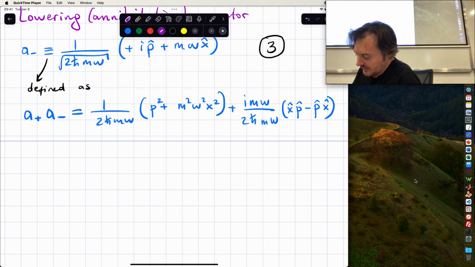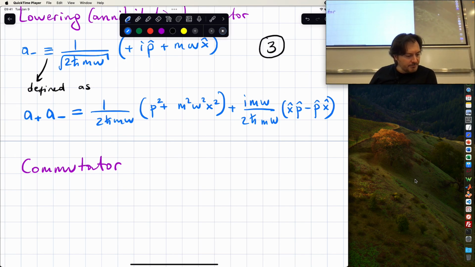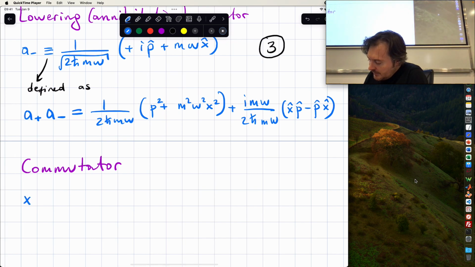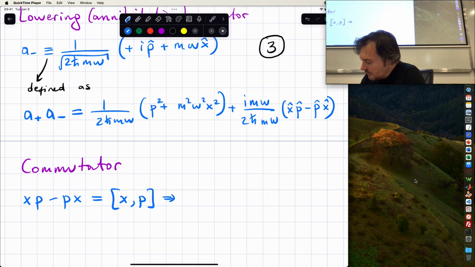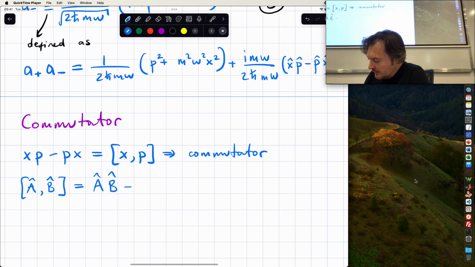We jump to the commutator. What is a commutator? This xp minus px is written like this, and this is what we call the commutator. So this could be any operators A and B. When you put it in these square brackets, it means AB minus BA.